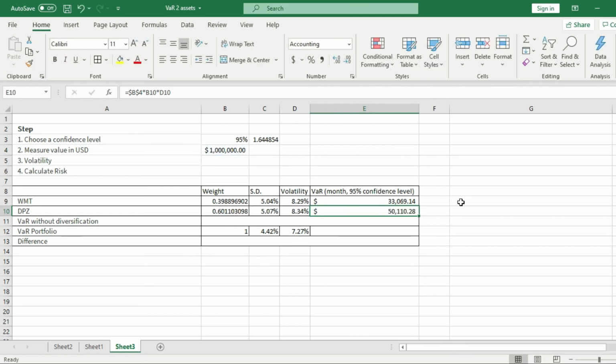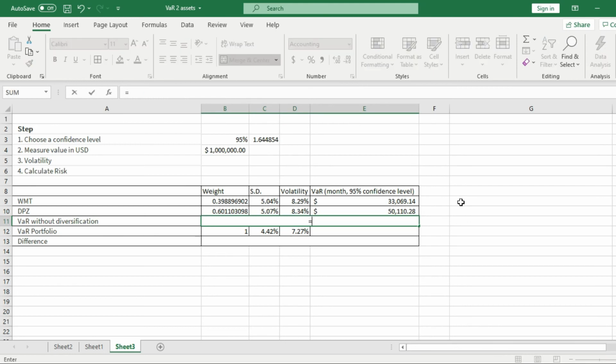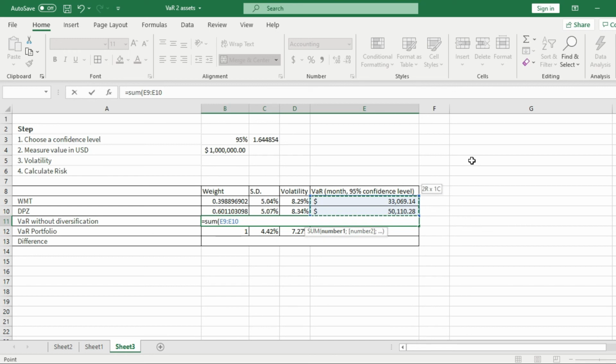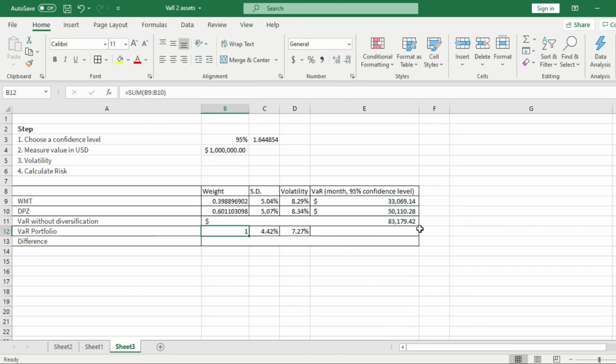That's the value at risk for 1 month at a 95% confidence level. What would be the value at risk without diversification? If we invested in these individual assets and not in a portfolio, it would be the sum of these two values at risk, around $83,000.